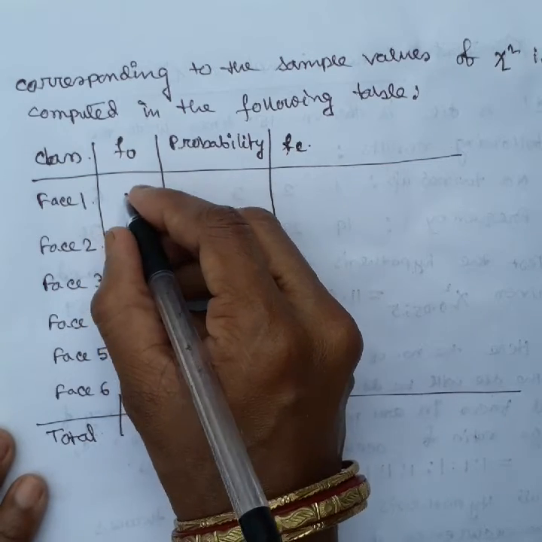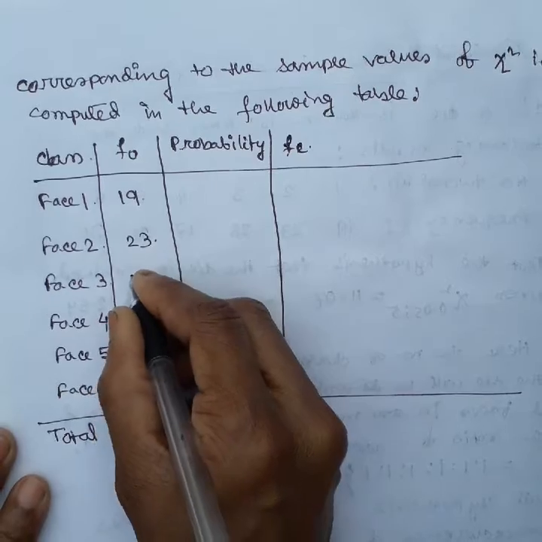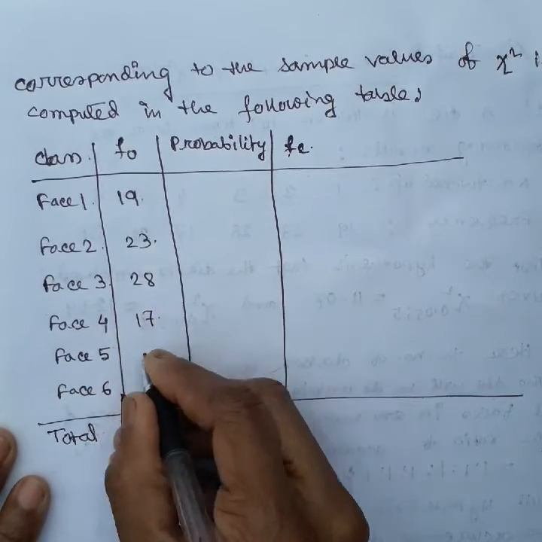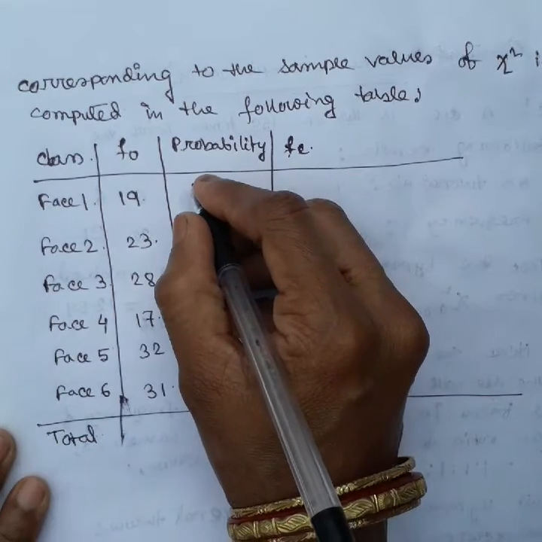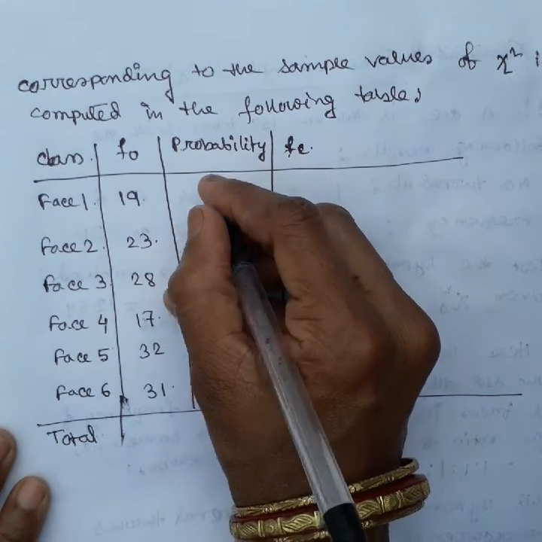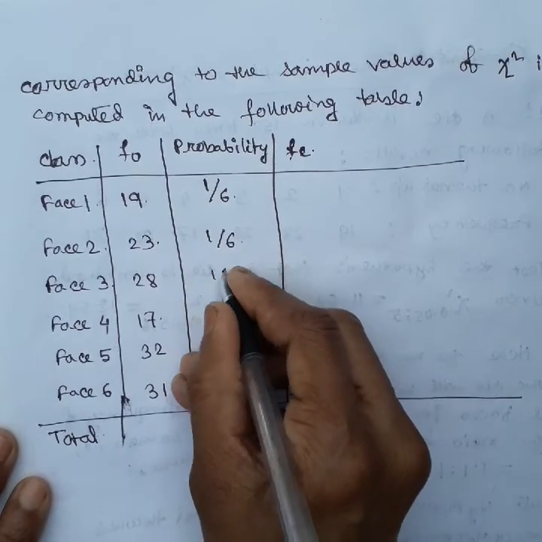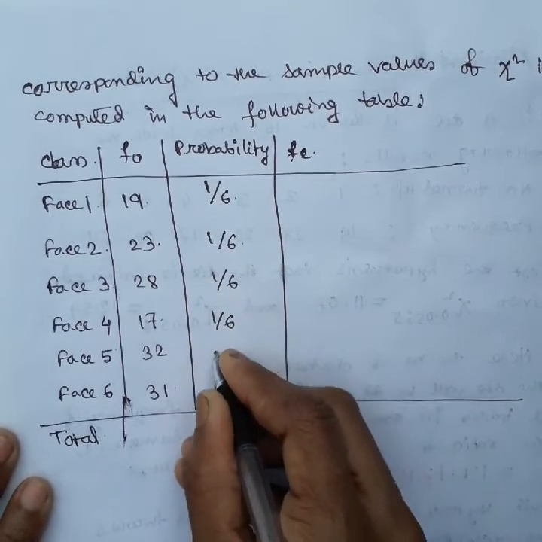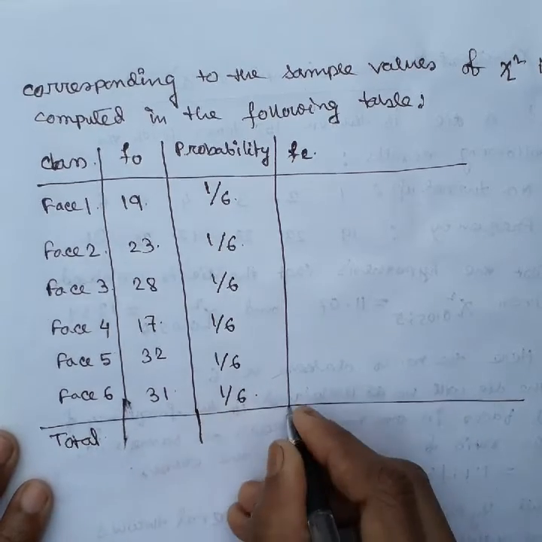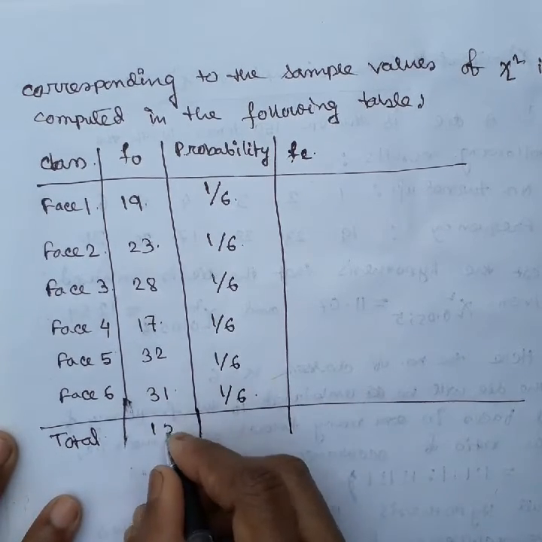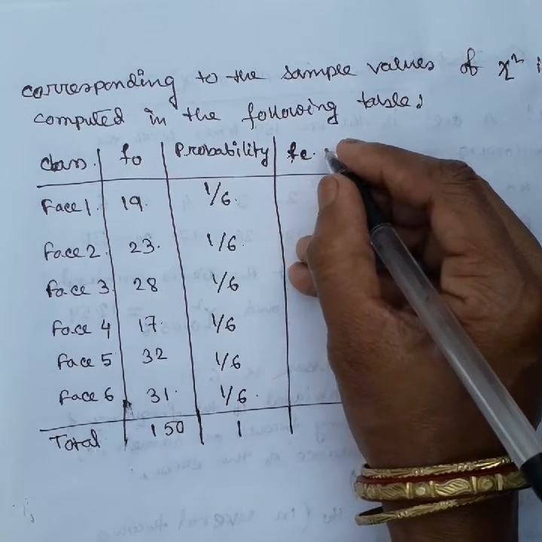Observed frequencies: this is 19, this is 23, 28, 17, 32 and 31, and the probability is 1 by 6 for all, because it is a die. The total is 150 and the probability total is 1. What about FE?